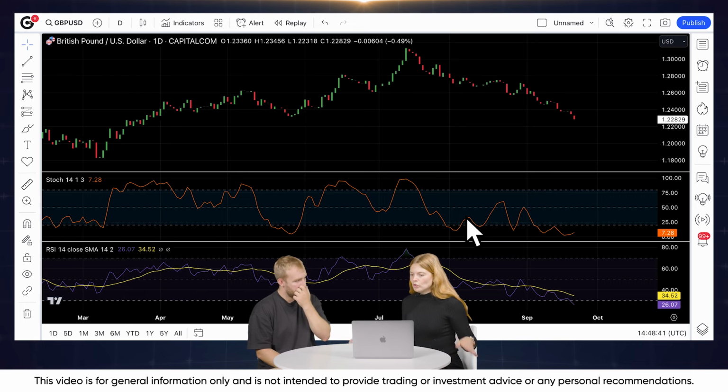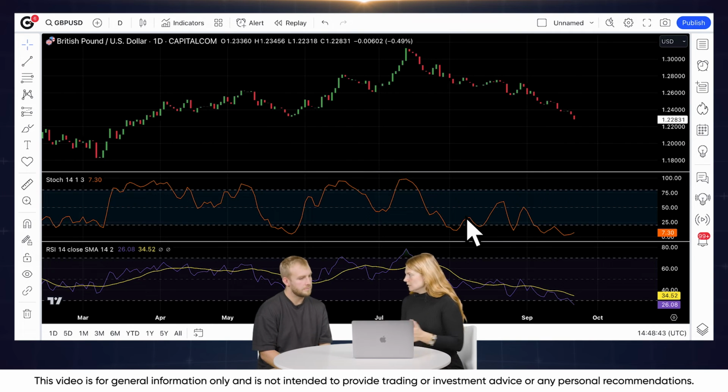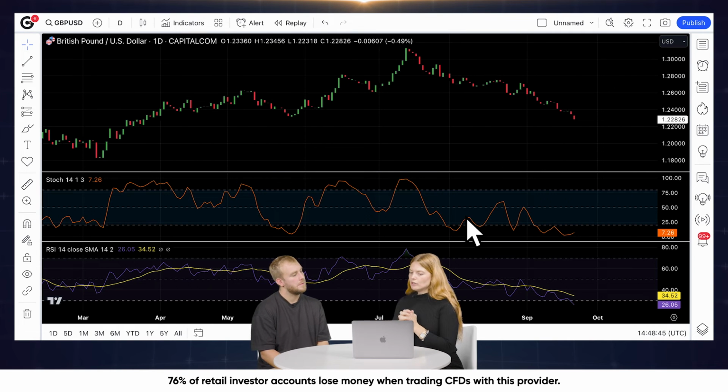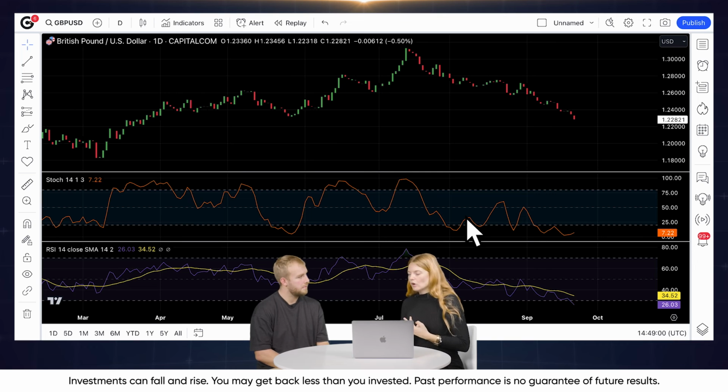Because you're reducing the amount of data in the sense that you're just shortening the time period, and usually indicators become a lot more sensitive in shorter time frames. So make sure that you're not being biased in that sense, and that you're reading it correctly. And for intraday trading, maybe the stochastic and the RSI aren't the most used because, as I said, they produce a lot of false signals.